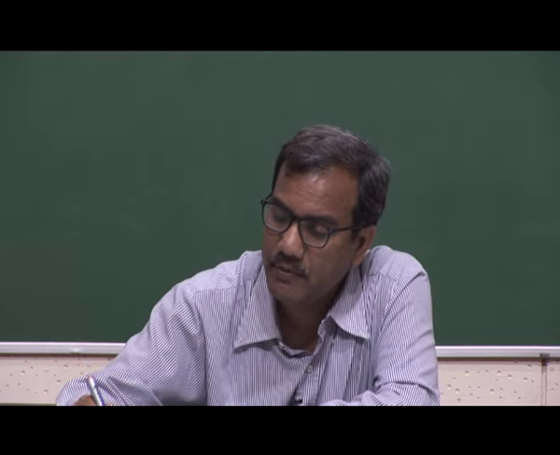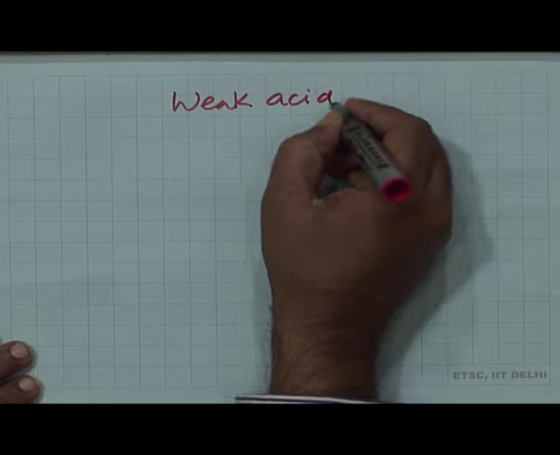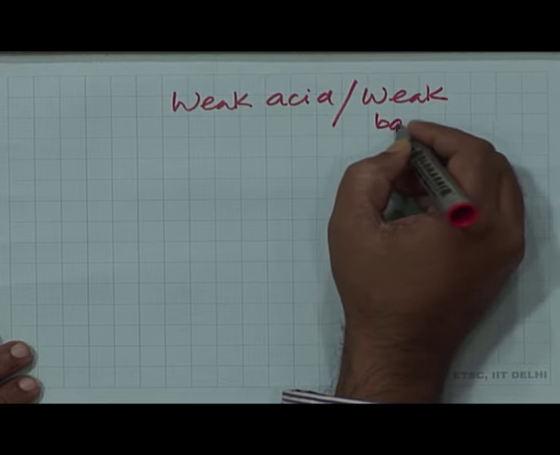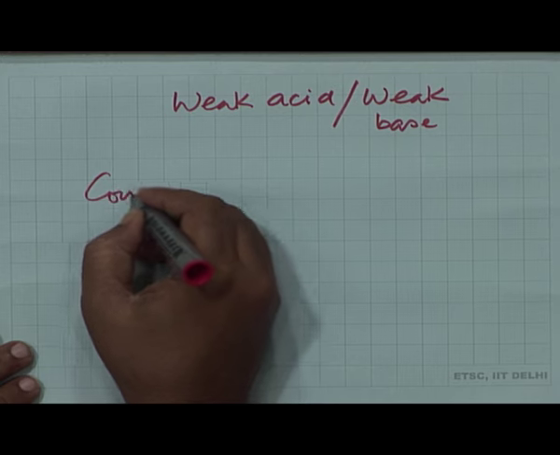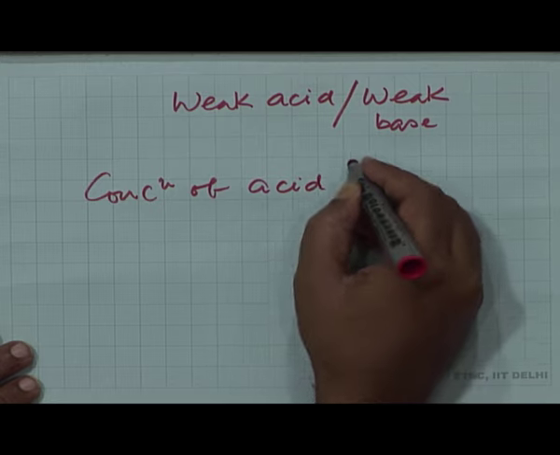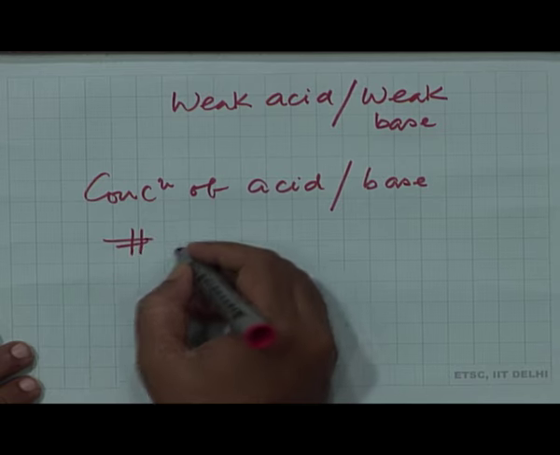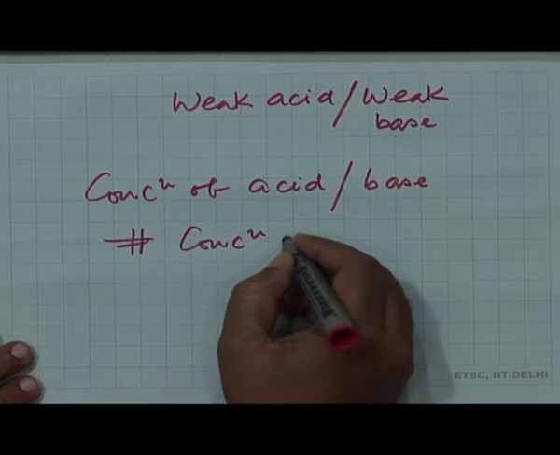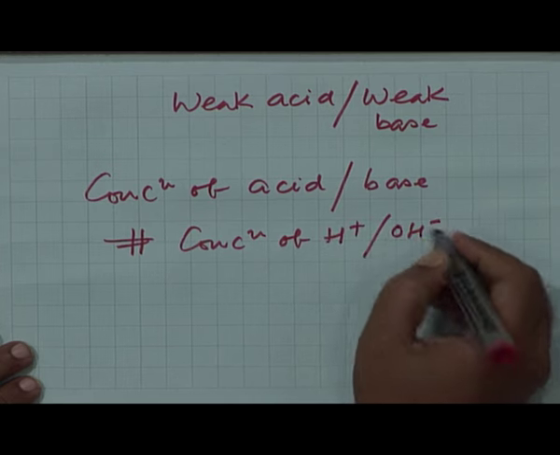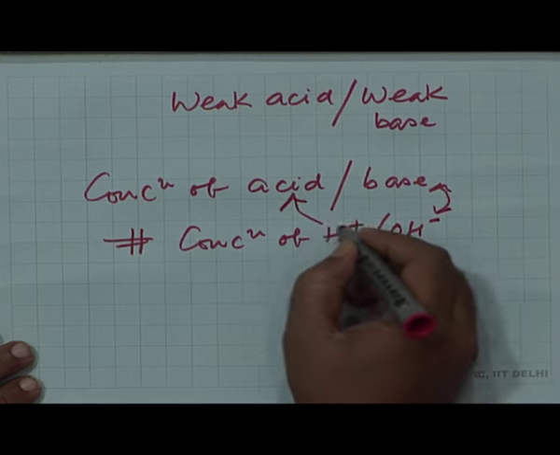So, for weak acid or weak base, the concentration of acid or base is not equal to the concentration of H plus ion or OH minus ion, H plus ion in case of acid, OH minus ion in case of base.